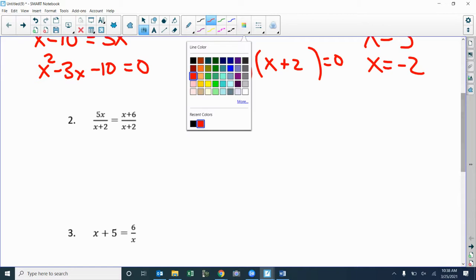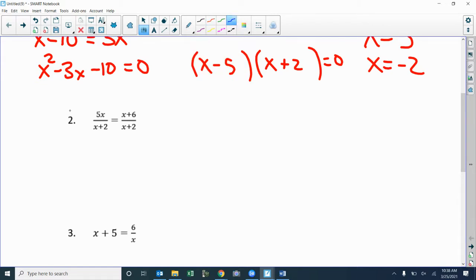What do we like about this one? Same denominator. So we're really very simple here. We're going to have 5x equals x plus 6. I will subtract x.